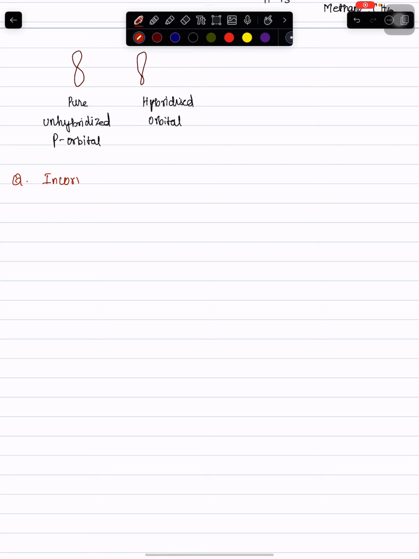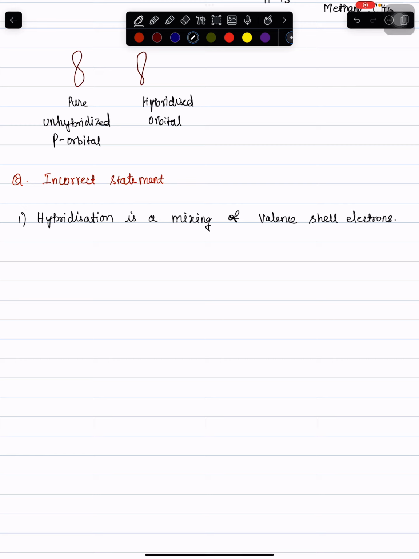Incorrect statement. The first option is: hybridization is a mixing of valence shell electrons.